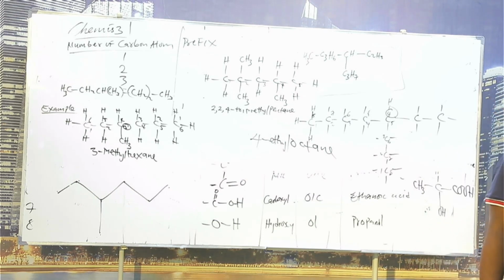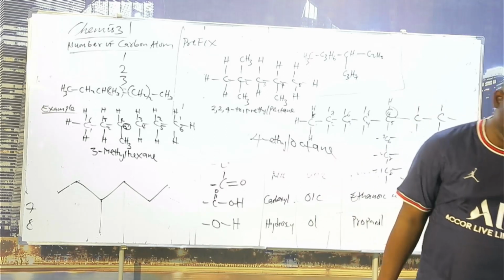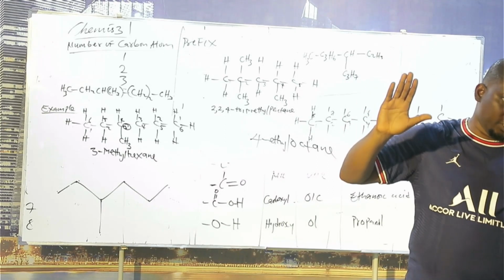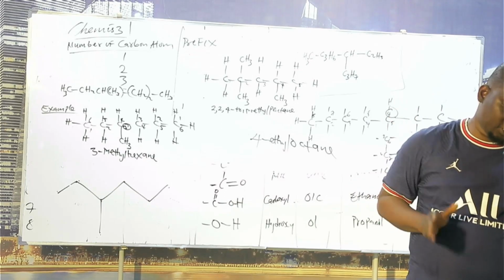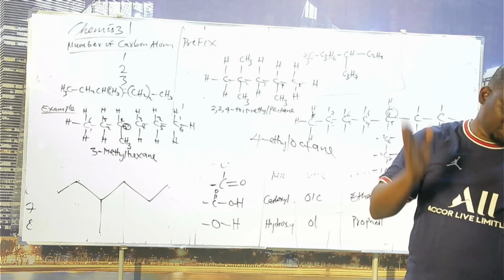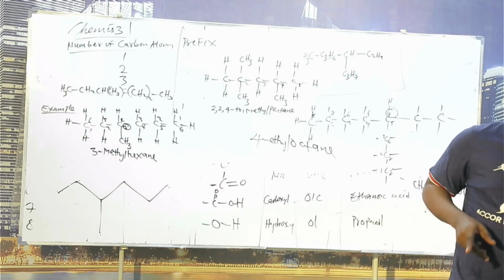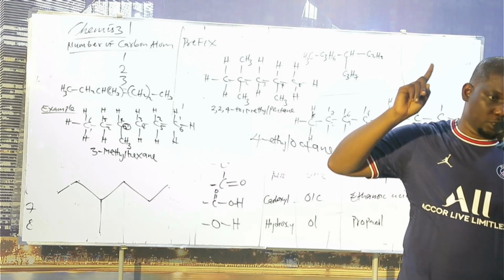If two or more non-similar side chains occur, number to give the side chains the lowest possible number, and then name in alphabetical order, not number order.